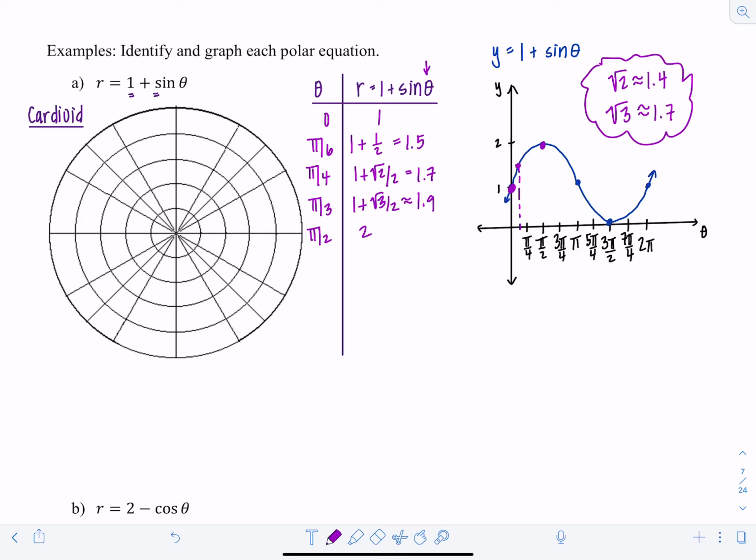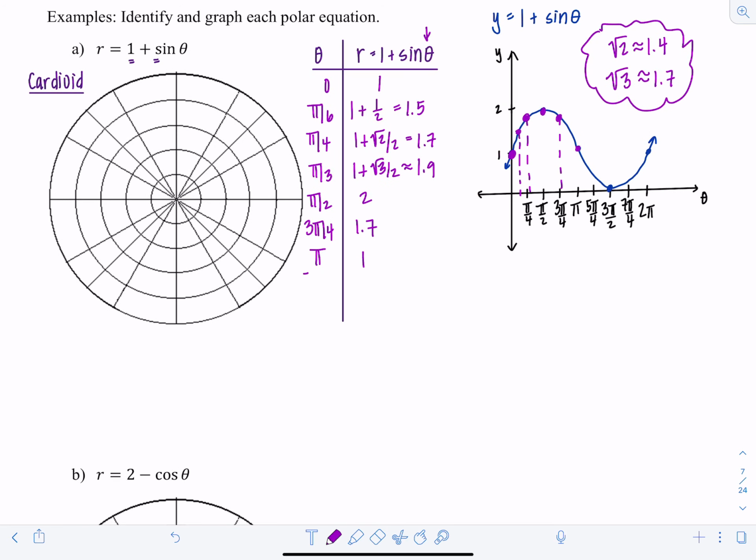And then we have 3 pi over 4. So 3 pi over 4, now that's going to match what I had at pi over 4. Can you see that? Here's pi over 4, here's 3 pi over 4. These values are going to be the same. So this is going to be 1.7. And then at pi, I have 1. Okay, 5 pi over 4, that's going to be 0.3, right, over here.